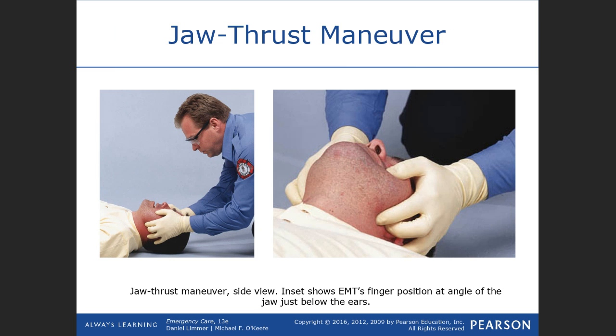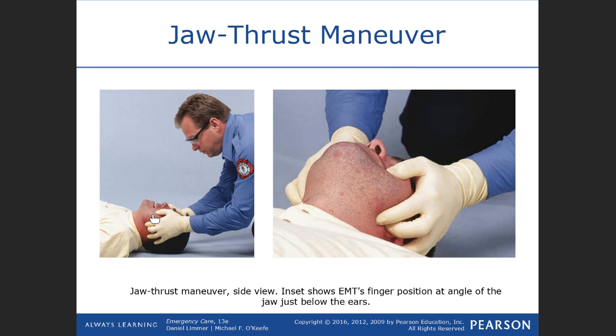So the jaw thrust maneuver is when you suspect spinal injury. You're manipulating the joint within the mandible, the temporomandibular joint. So you're pushing the mandible up, and then you're using your thumb to push it forward.